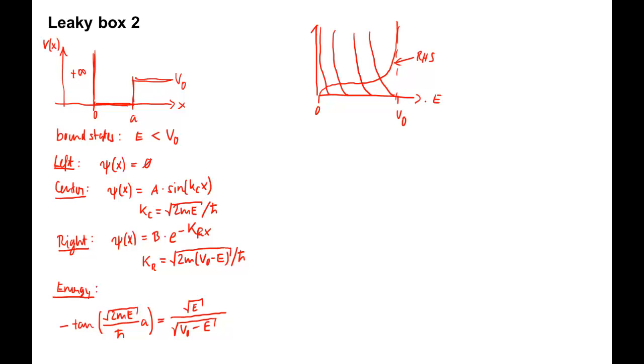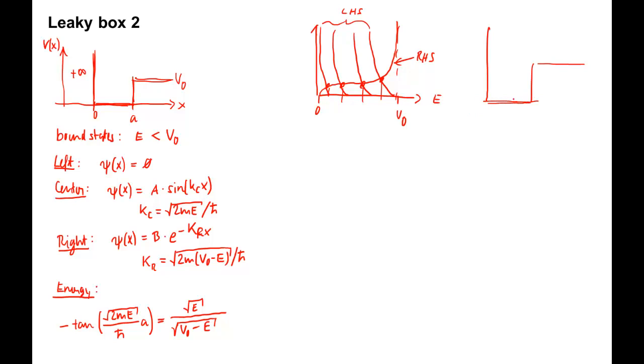The equality requires that the left-hand side and the right-hand side are equal. This corresponds to the intersections of the two curves. These give the energies of the stationary states. Let's sketch these energies in the box.